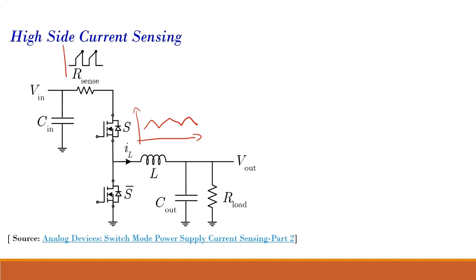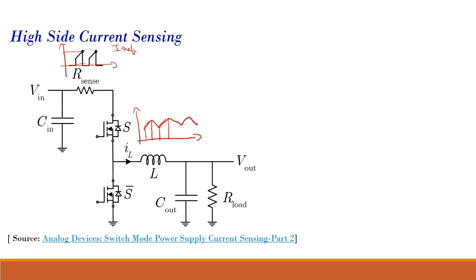So the current which I sense, this is my sense current, which flows to the resistance R sense, is only this current. Only this part is flowing through my resistance, so that is represented over here. And this is the peak value. If you are doing peak current mode control, this is my peak reference.